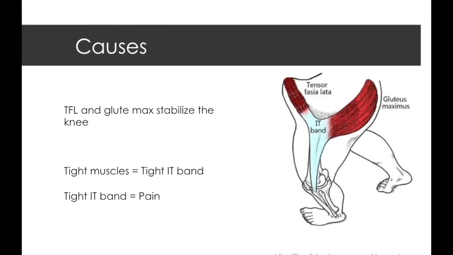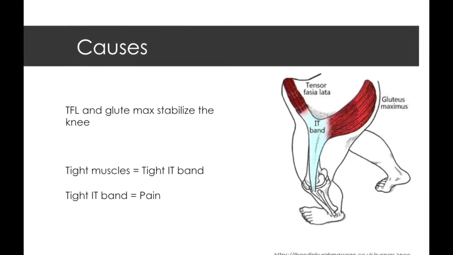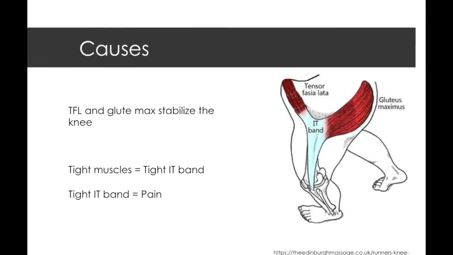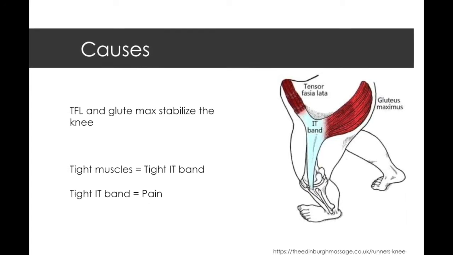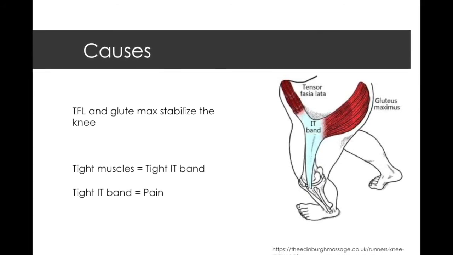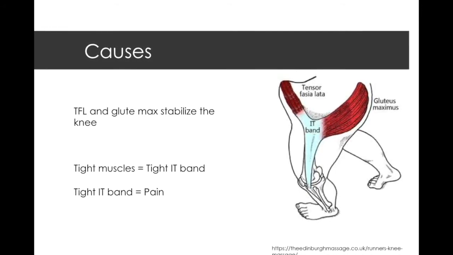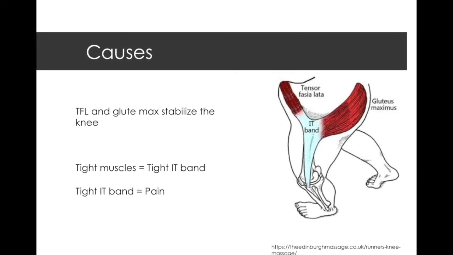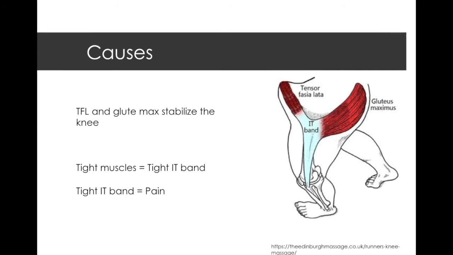The IT band extends the TFL muscle, which then allows it to function as a hip flexor and medial rotator. The IT band also allows for the TFL and the gluteus maximus muscles to stabilize and support the extension of the knee. Any injury, weakness, or tightness in either of those muscles are known to be a contributing factor to IT band syndrome.